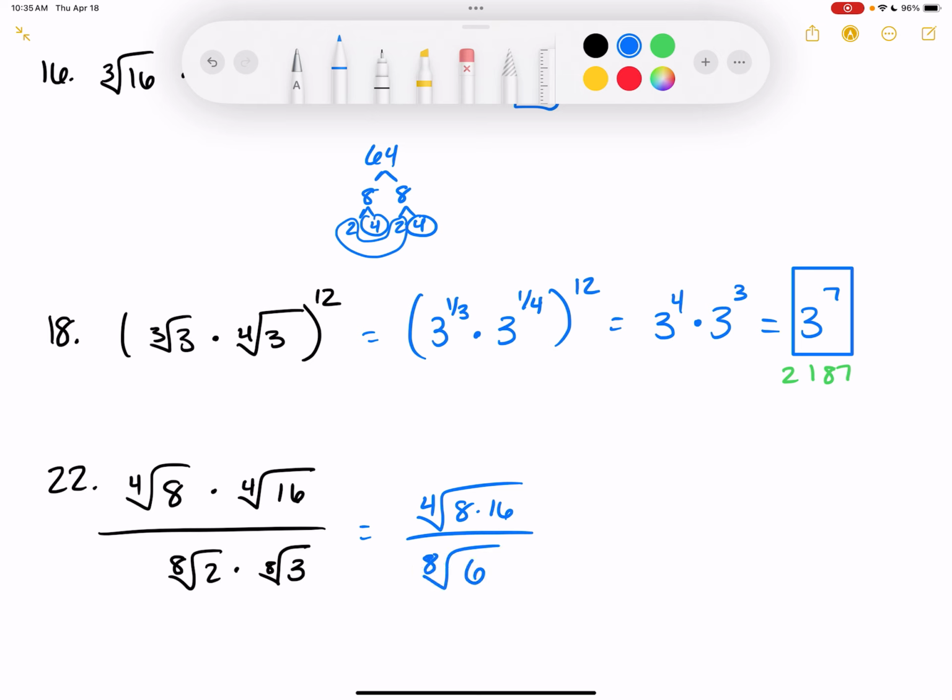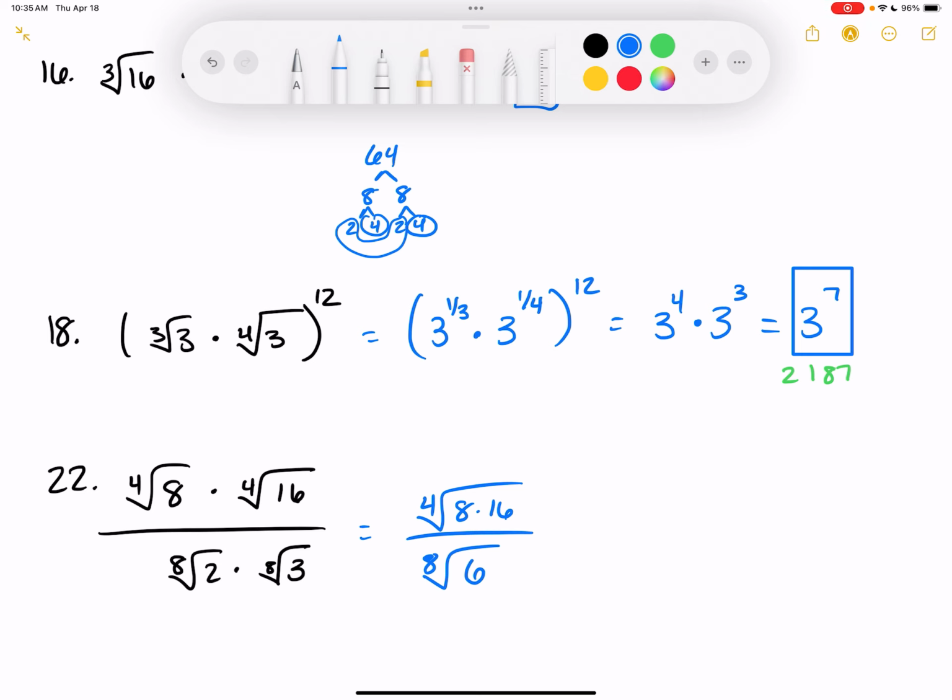Now, at this point, obviously our goal is to simplify. So I would see if there's anything that I can take out of the radical on top, like groups of 4 that I could take out to simplify it down as much as possible.